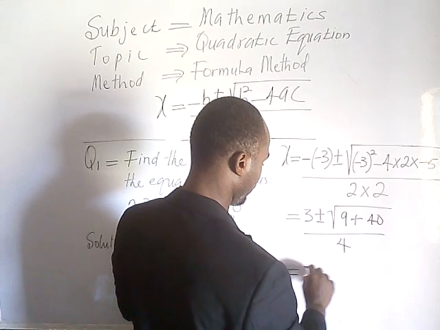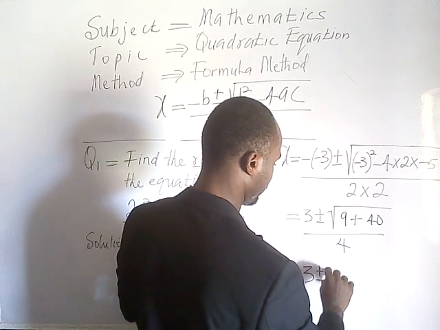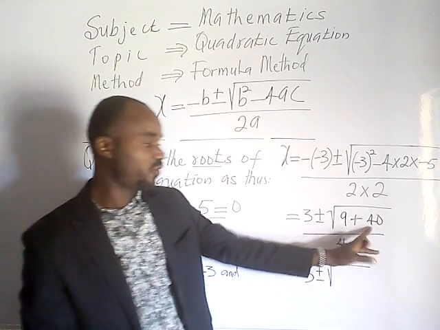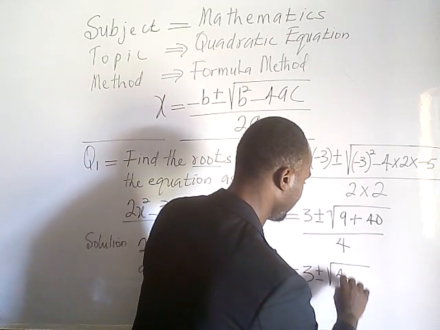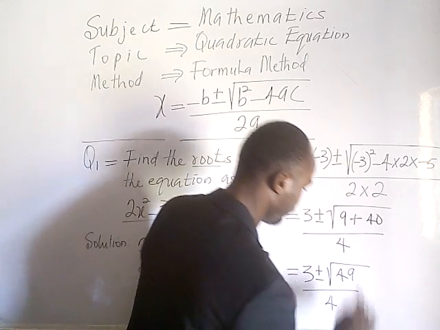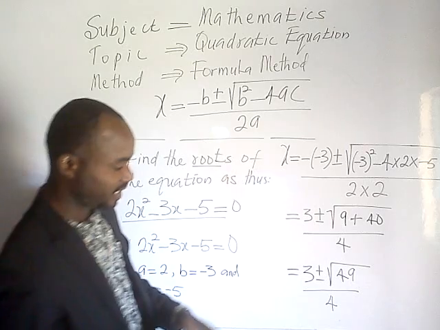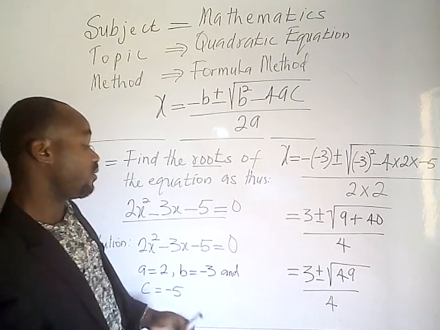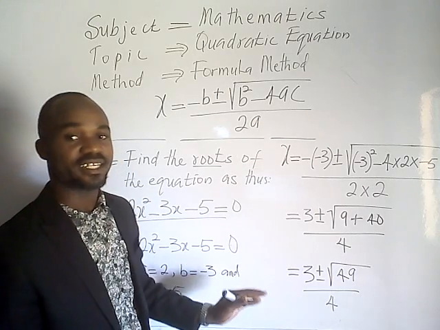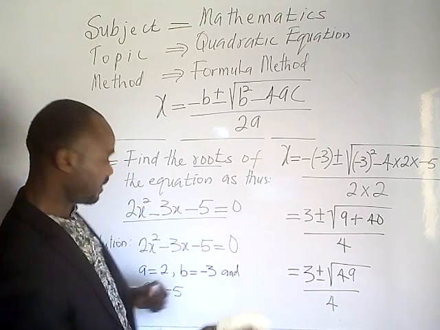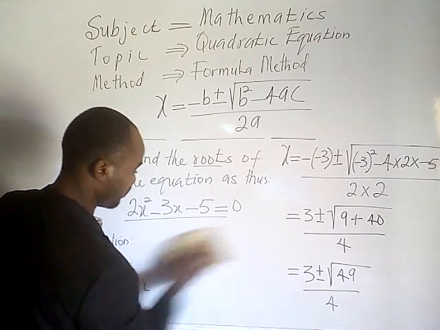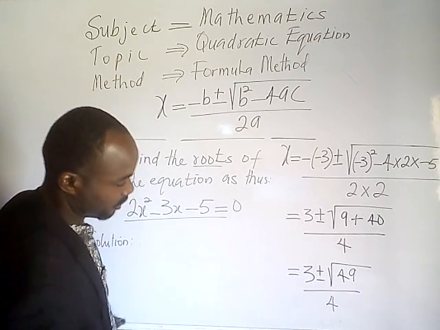Next step, we have 3 plus or minus the square root of 9 plus 40, which is 49, all over 4. The next step is to find the square root of 49 and simplify further to find the roots of the expression.